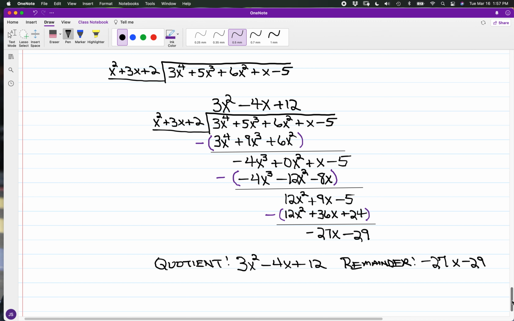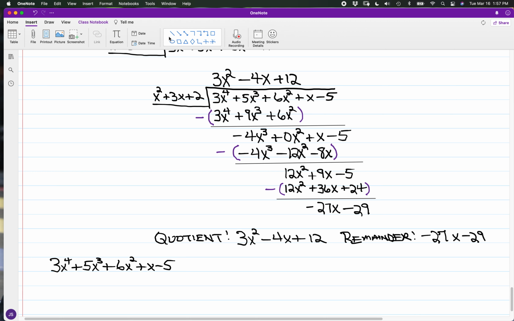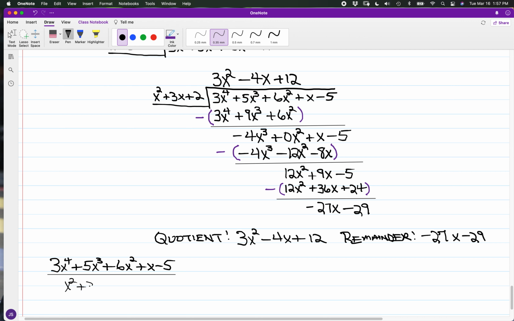Looking at this, you've got your quotient and remainder. And if I were to take expanded notation on this one, I know that Alex is big on the expanded notation for some of these problems. So you have this expression, the divisor into the fourth order polynomial.